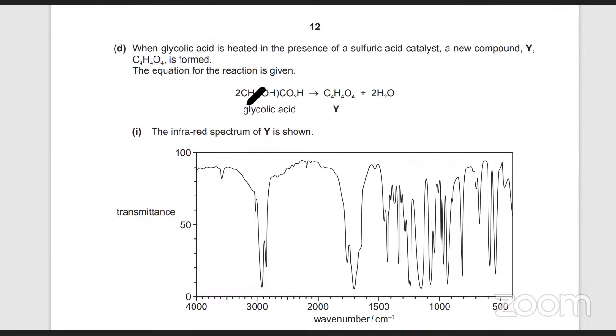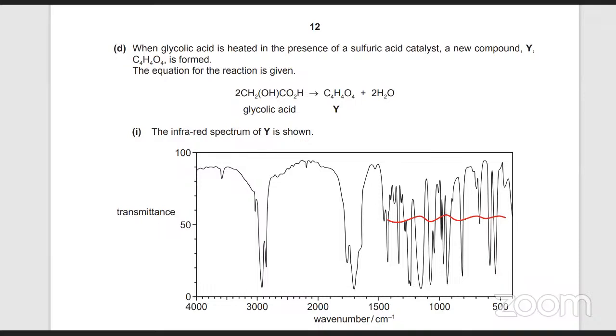So he says that when it's heated in the presence of sulfuric acid, a new compound Y is formed. The equation of the reaction is given. The infrared spectrum of Y is also shown. So you just have to look at the infrared spectrum and check what type of bonds are present. You can't really guess a lot from this. There's a lot happening over here.